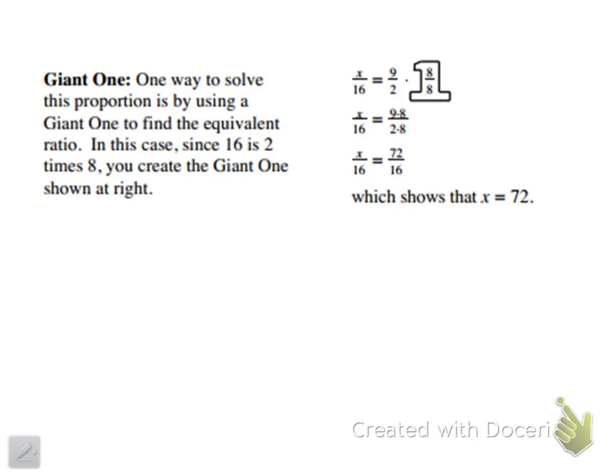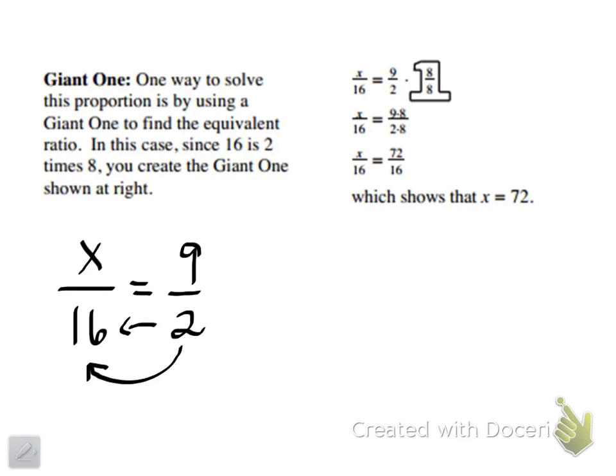So one way is to use a giant one, which I did in the first problem. And the way we solve that proportion is by ultimately finding an equivalent ratio. If we notice here in this example, we have some value over 16 equals 9 over 2. Okay, so we know 2 has to end up being 16. What could we multiply 2 by to get 16? Well, we're going to multiply by 8.